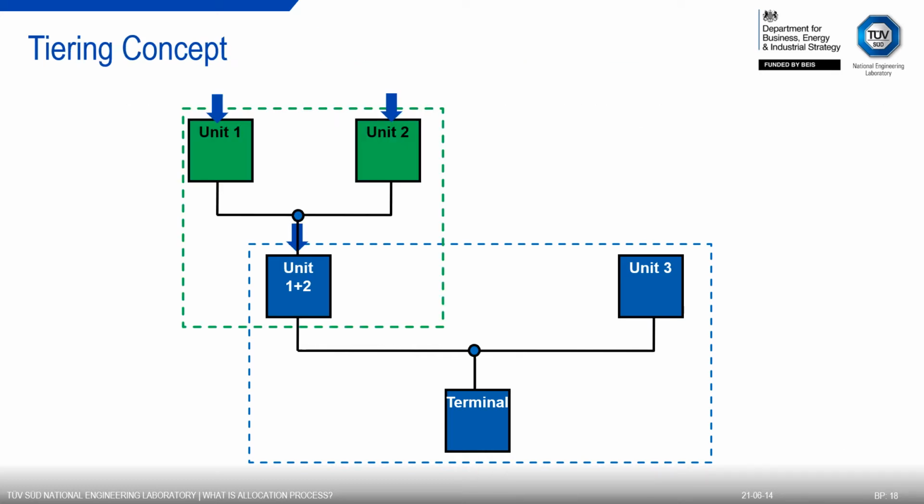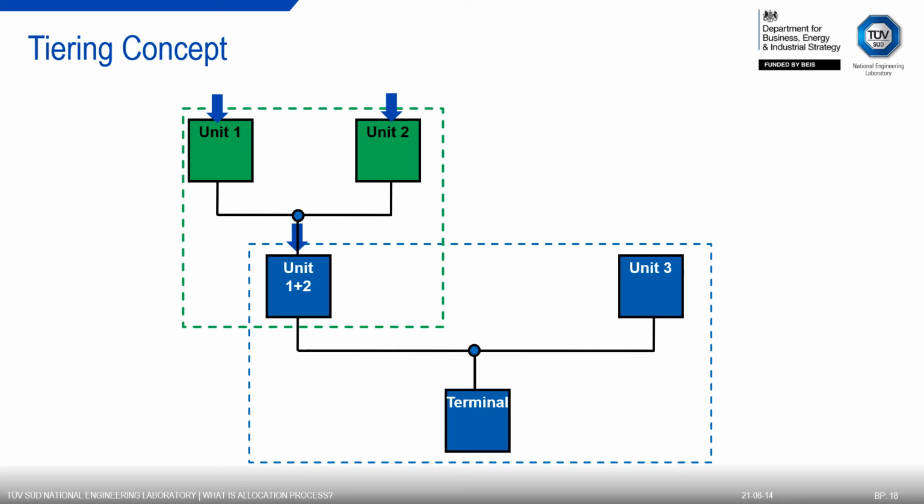We work with the concept of tiering. Okay, so what's happening? We try to simplify or make blocks, different blocks that are linked to each other. So you can see here in blue, for example, a block which is called unit 1 plus 2 on the left side. You have the unit 3, and these two units are commingled to a terminal, and this will be where you have your fiscal measurement.